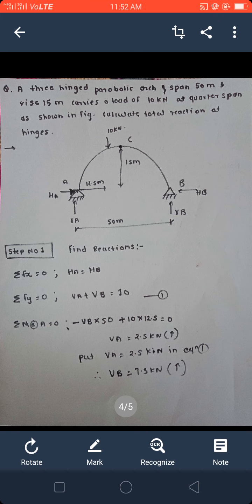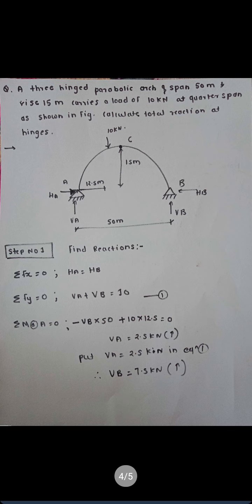So apply conditions of equilibrium. The first condition is summation of Fx equal to 0. We get HA equal to HB. Apply the second condition of equilibrium, summation of Fy equal to 0. Here we take the summation of all vertical forces and we get the equation VA plus VB is equal to 10.